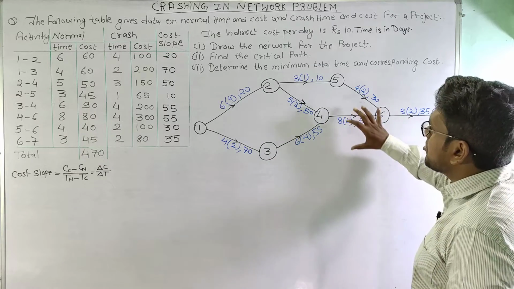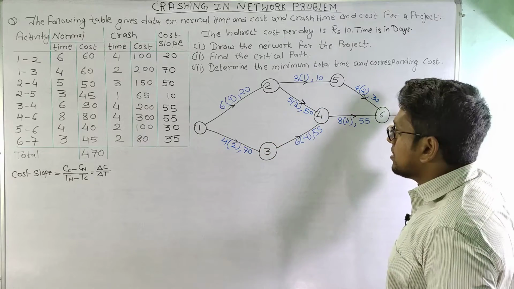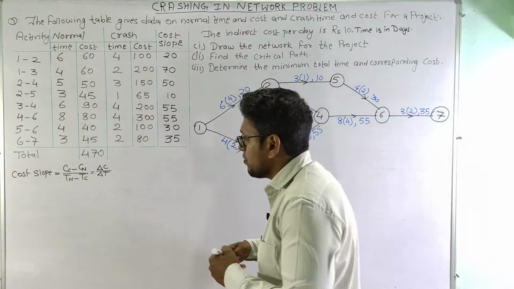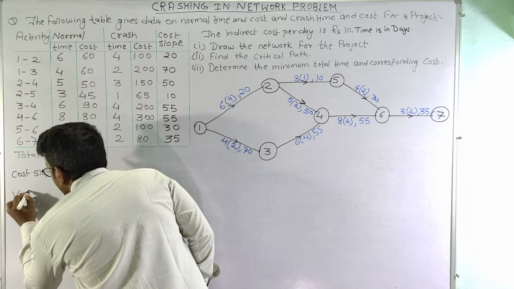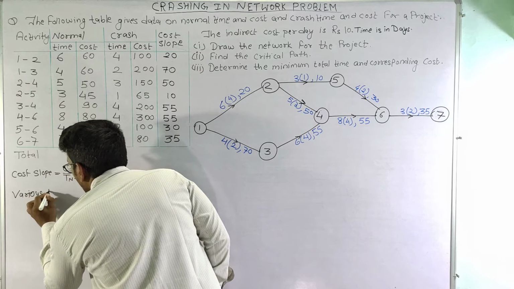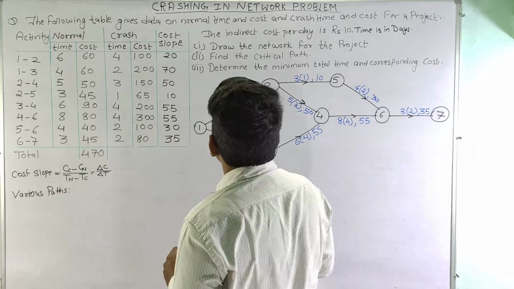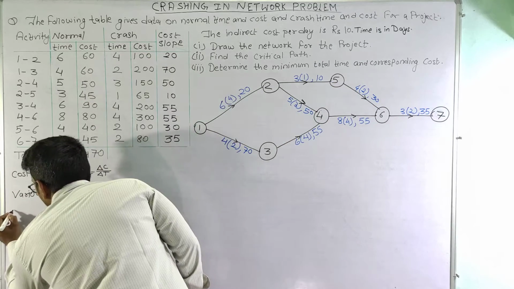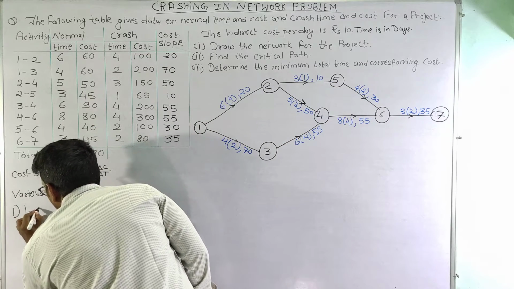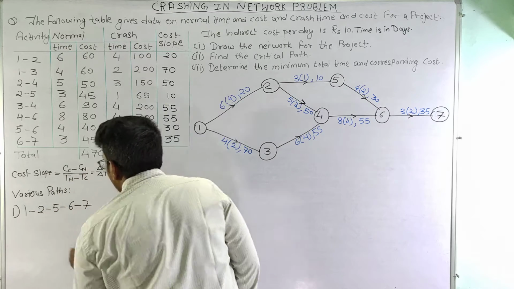So basically 3 paths are here by which we can reach the end of the project. So let us see what are the various paths here. So first path is 1, 2, 5, 6 and 7.